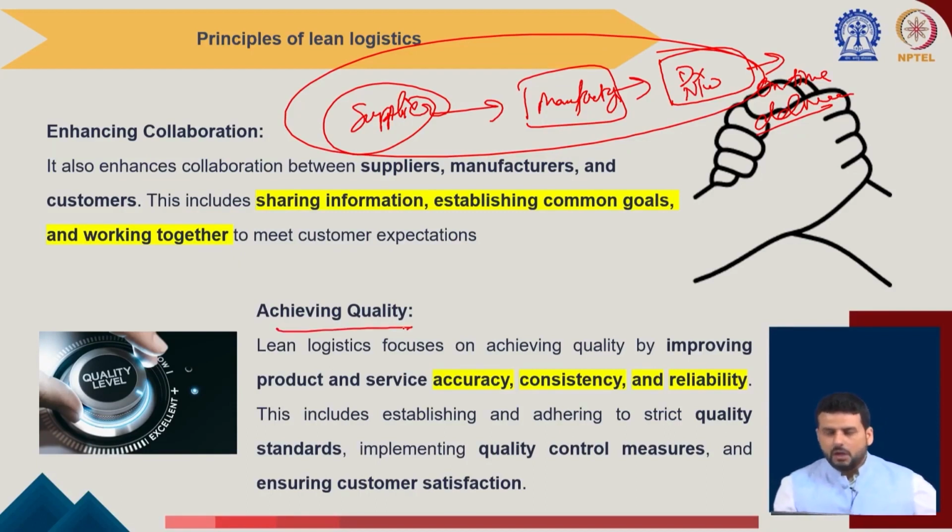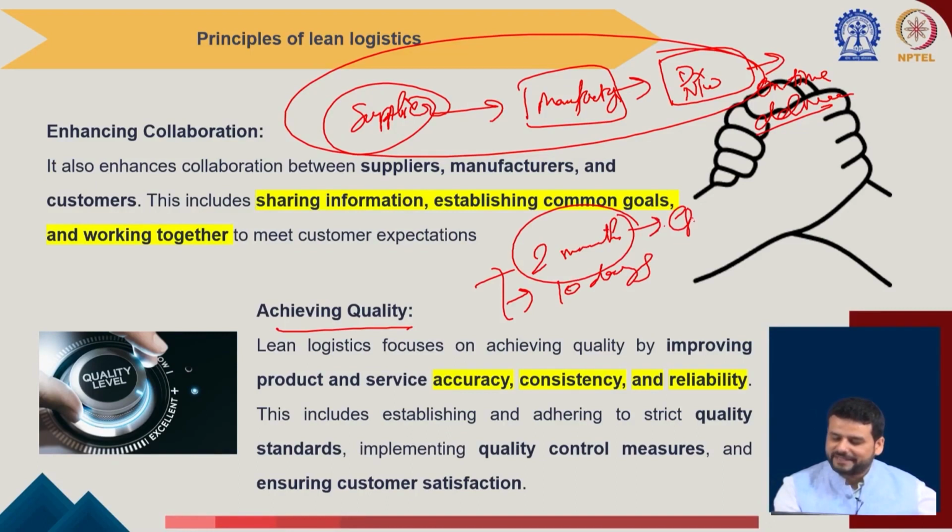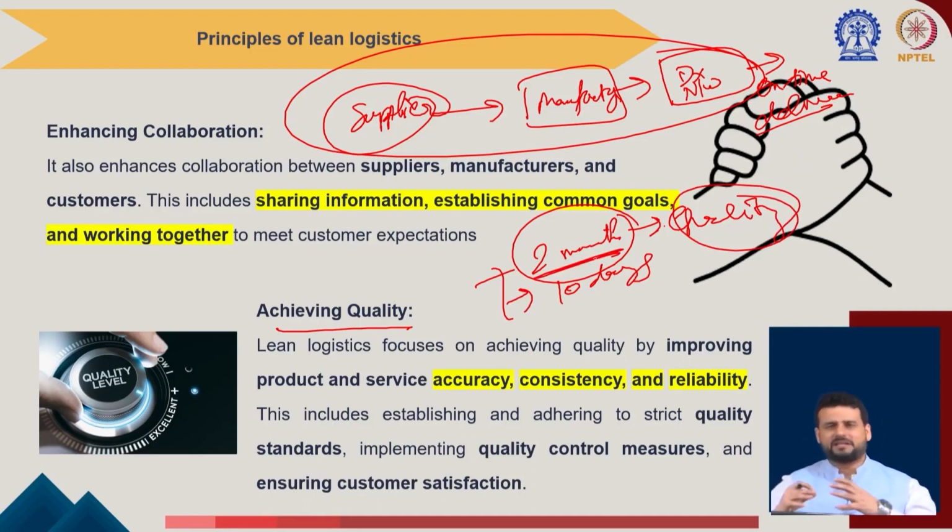Achieving quality. Very simple example: if you are storing a product for 2 months versus storing it for only 10 days, obviously the quality will be degraded if you have not used that product for 2 months. If you are moving things in the warehouse here and there just to manage the space, even then you are damaging the quality, right?